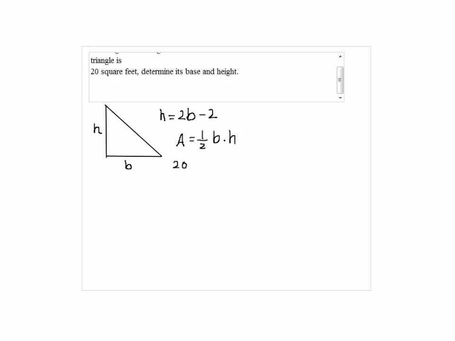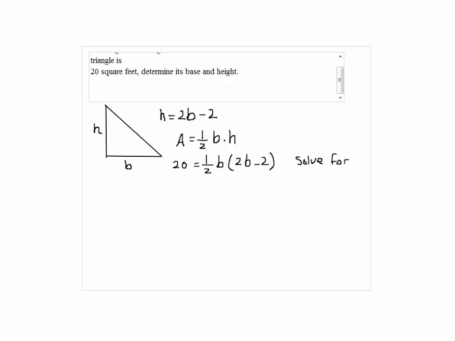So they're saying that the height is 2 feet less than twice the base. So twice the base would be 2b. 2 feet less than that would be minus 2.